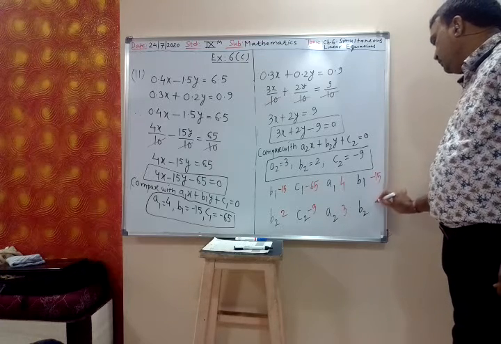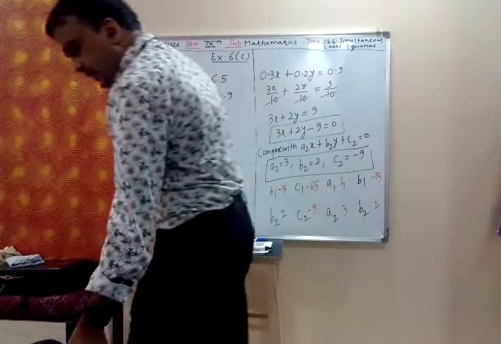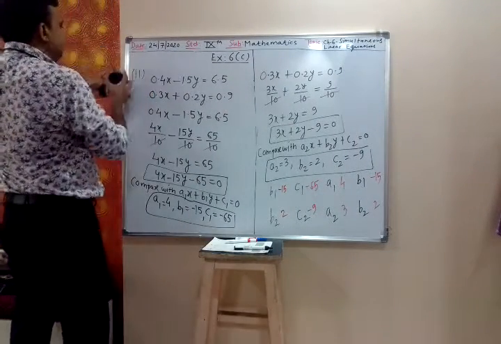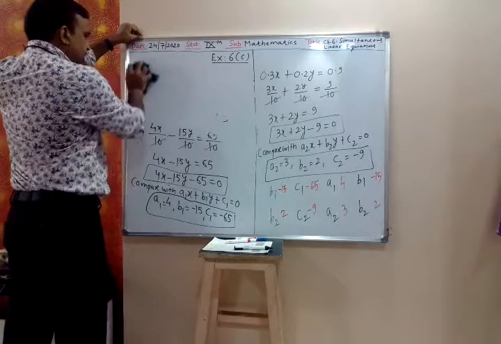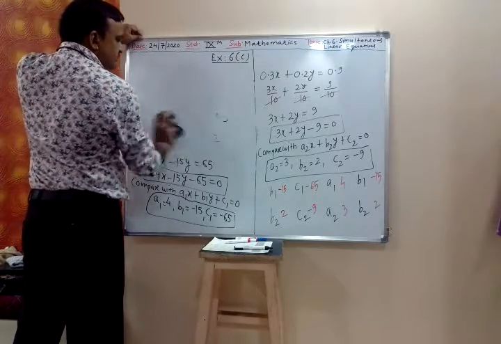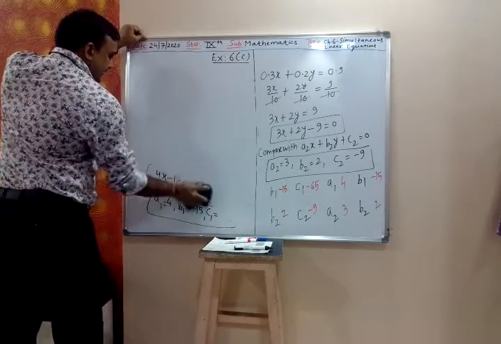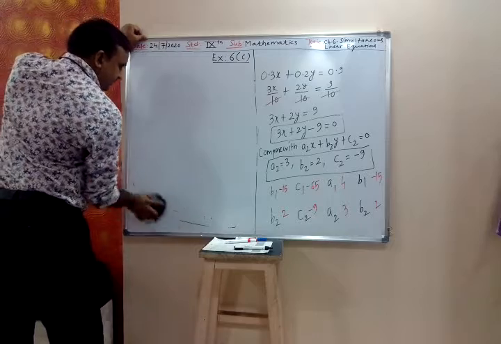Now we cross multiply. We apply the cross multiplication method. So we write x upon, for x we consider B1, B2, C1, C2. Cross multiply and subtract. So we write x upon B1C2 minus B2C1.